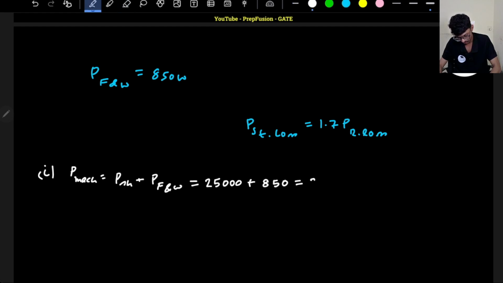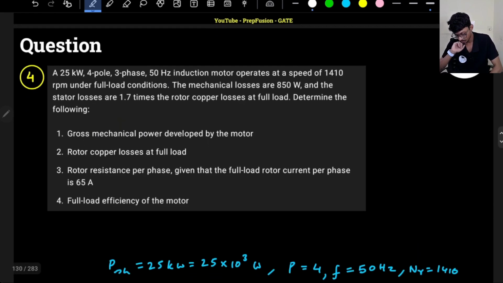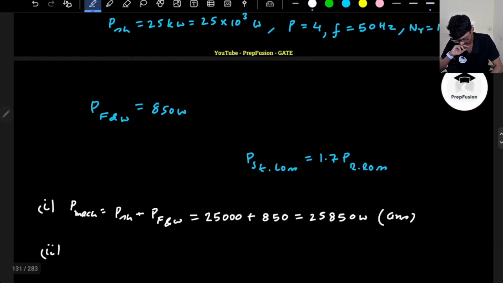So this will be 25,850 watts. This will be the mechanical power developed. This will be the answer of the first part. Let's go to the second part. The second part, rotor copper loss at full load. So what is the rotor copper loss at full load?